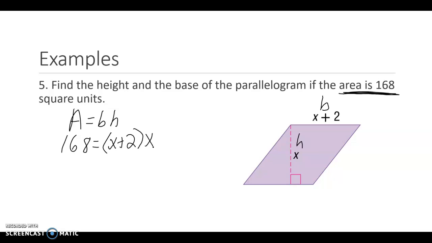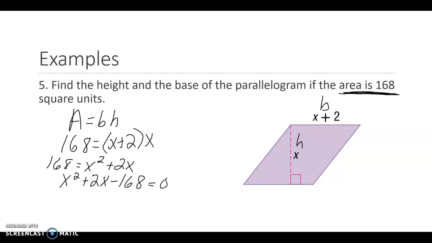I'm going to distribute that. So I get 168. If I distribute the x, I get x squared plus 2x. And I know I'm going to need to factor. So let's subtract the 168, get this set equal to 0. So x squared plus 2x minus 168 equals 0.